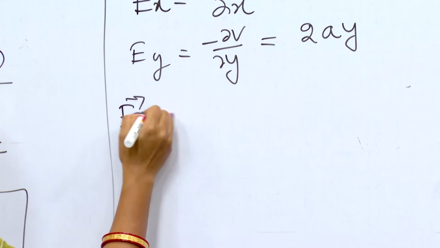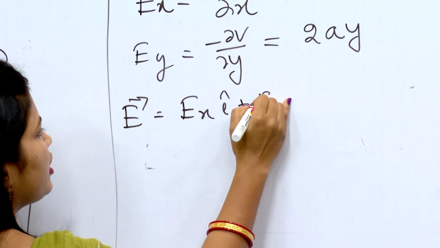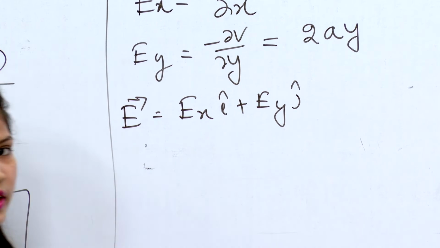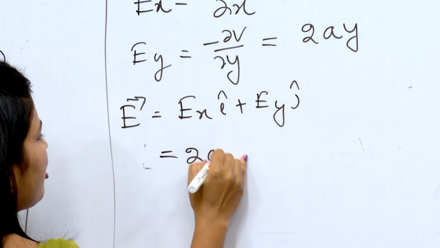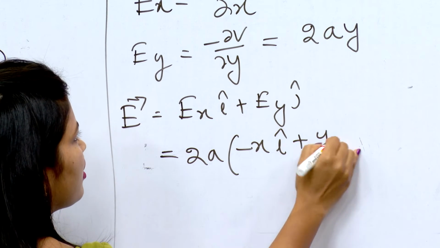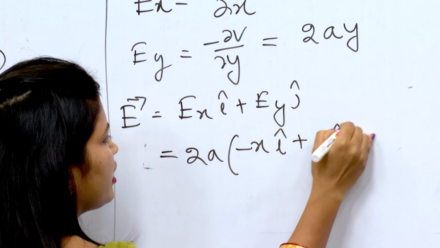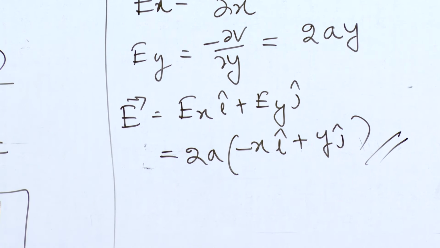So, electric field in the vector form is Ex i cap plus Ey j cap. That is why I will get 2A taking common, that is minus x i cap plus y j cap. This is the answer. Okay.